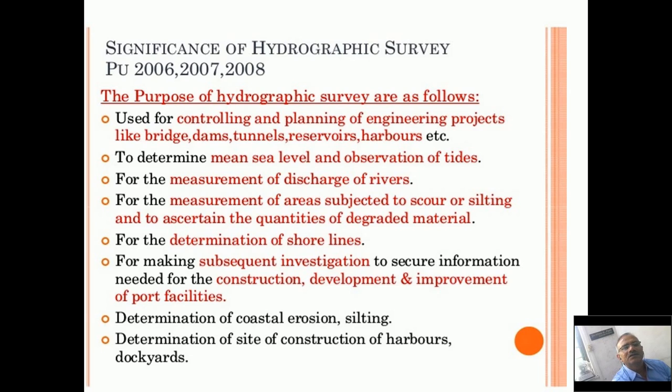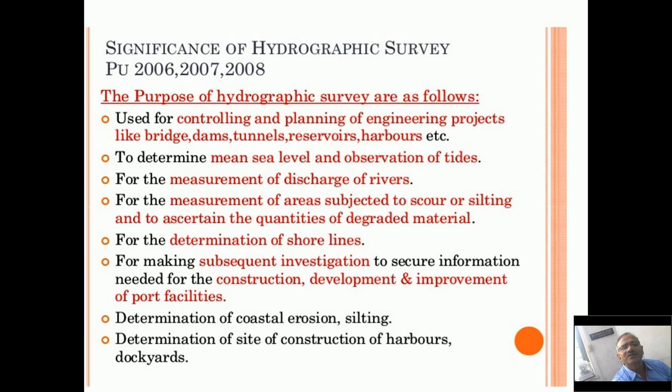Frequently in the docks and harbor area, the navigation path for the steamers is defined, and if sufficient draft, that is the level of the water, is not available, because the depth may change because of the silting of the material, then frequently with the help of the dredger, this material is to be removed.